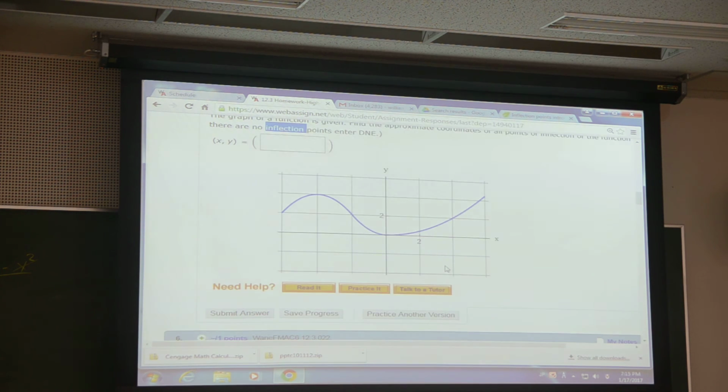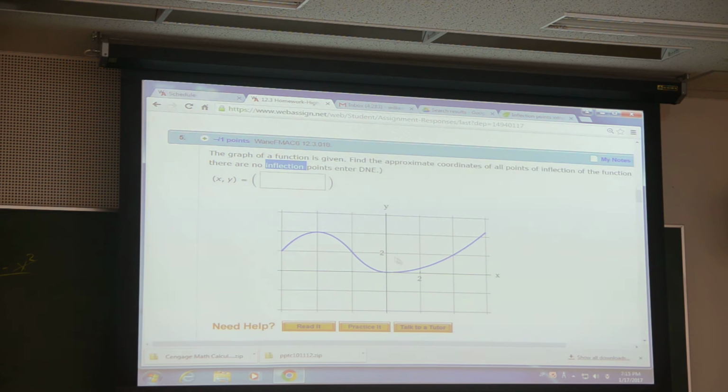In this picture, we would guess that it changes right here, right? So what are the coordinates of that point? -2, 2. This point is where it changes concavity. That's called an inflection point.